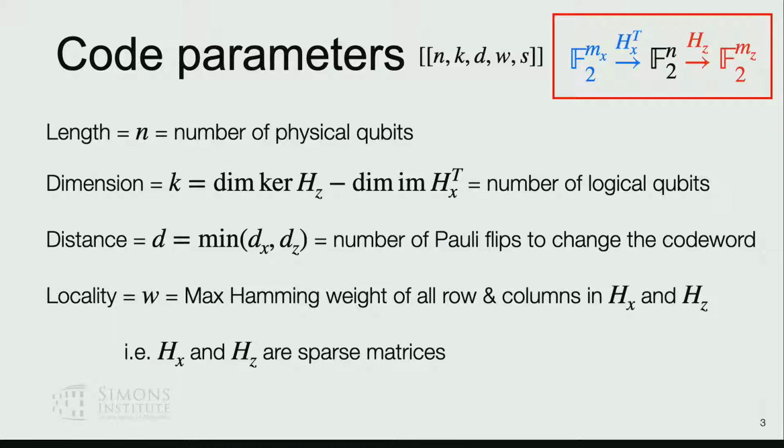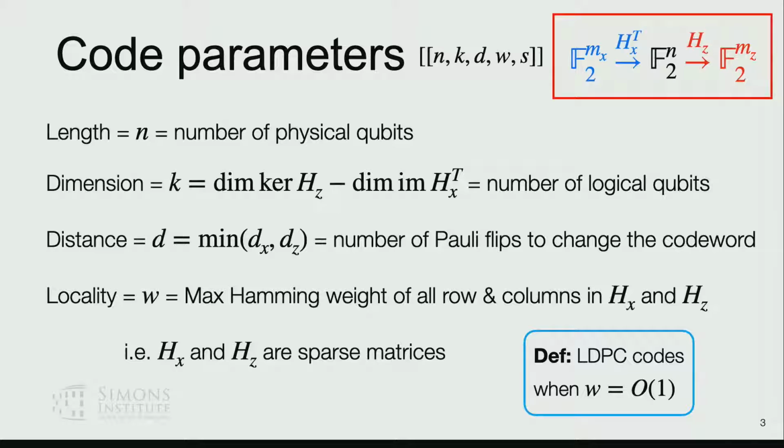Equivalently, Hx and Hz are sparse matrices where w is the weight. When this w is constant, these are also referred to as LDPC codes, which will also appear later. Okay, so that explains the first 4 parameters. But there's the last one, this s, and that's exactly the one that characterizes local testability.